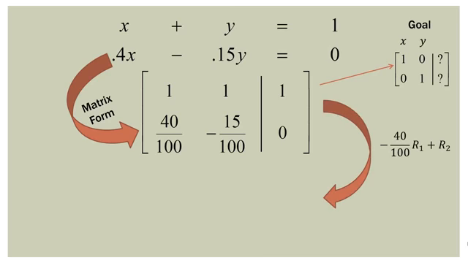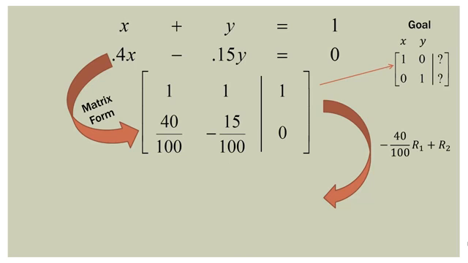Now this is the method I use when I'm solving these, and I use with the students I work with. So you can choose to do this, or you can use whatever method is taught in your class. But here's the way I interpret that expression on the right hand side. I have negative 40 over 100, and I'm going to multiply that by the first row.